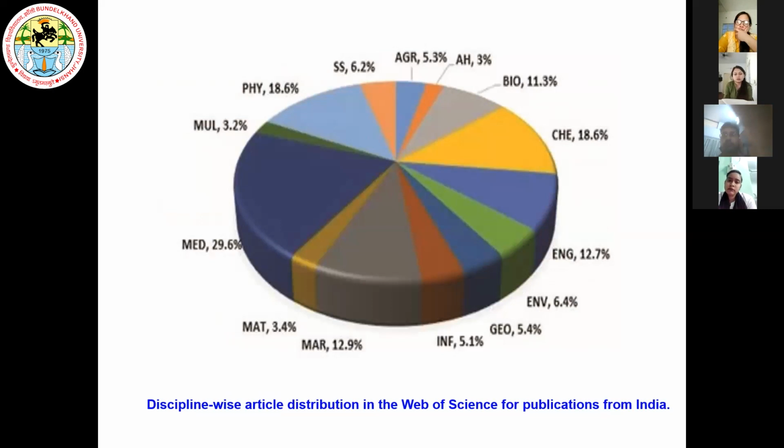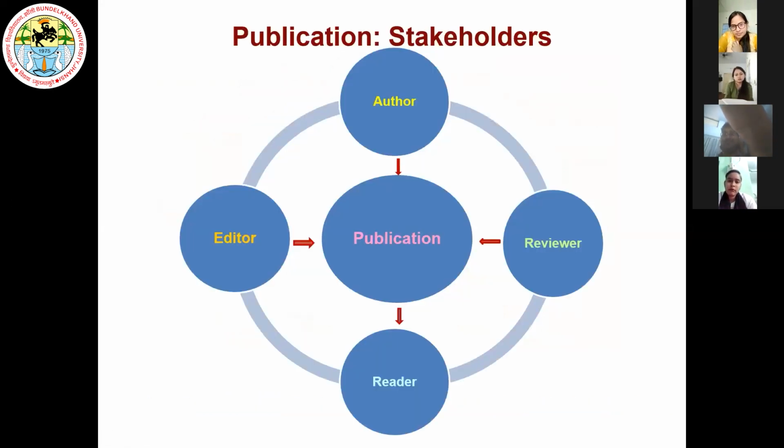Here also you can see the maximum percentage comes from the medical sciences, and a very small percentage from humanities and social sciences. Now coming to publication. When we talk of publication, there are 4 major partners or stakeholders. The first is the author.